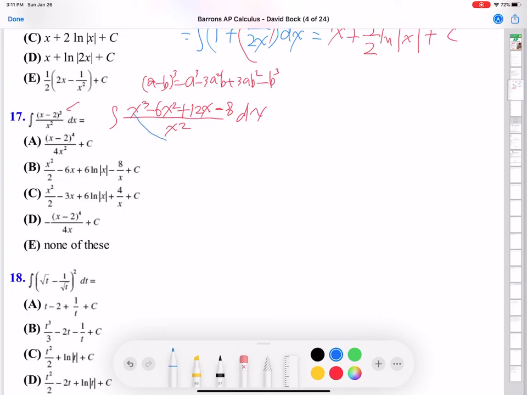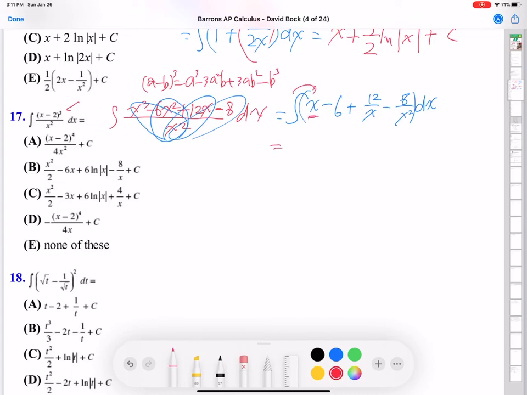And then separate every single term with the same denominator, like this. x cubed over x is x, minus 6x squared over x squared is 6, plus 12x over x squared is 12 over x, minus 8 over x squared, dx. Then find each term's integration.